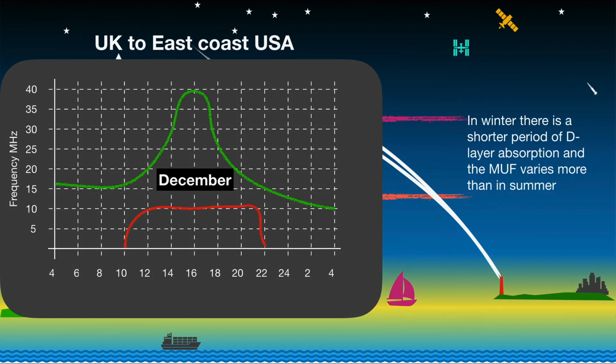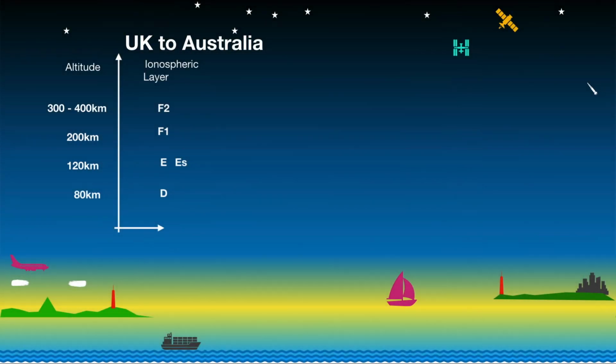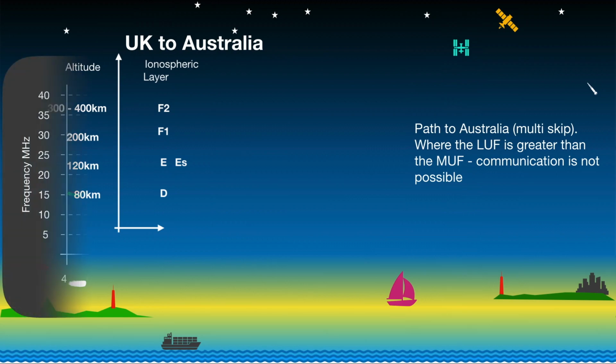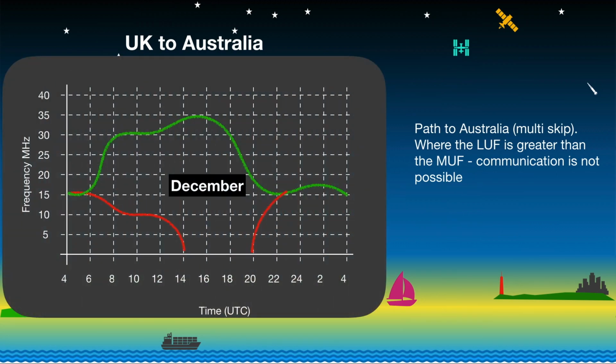If we look at a path to Australia, and I don't think we need to be able to reproduce this one particularly, but we know that the path to Australia will involve multi-skips because of the LUF. So here we see that path, and it's a complex path because it's happening over a big area of the Earth's surface with different illuminations.